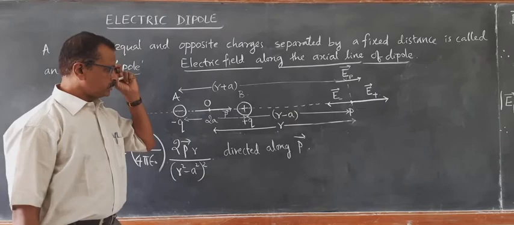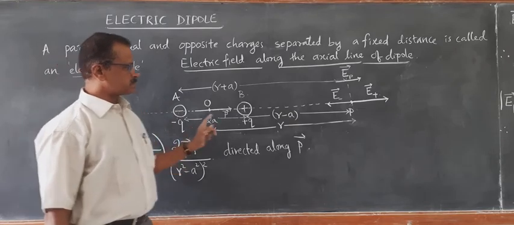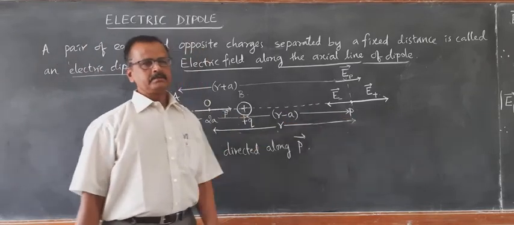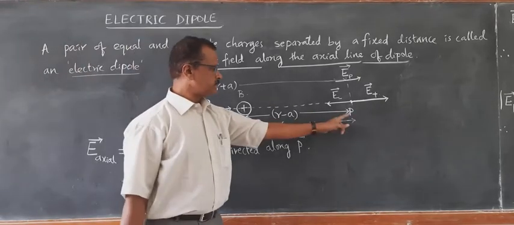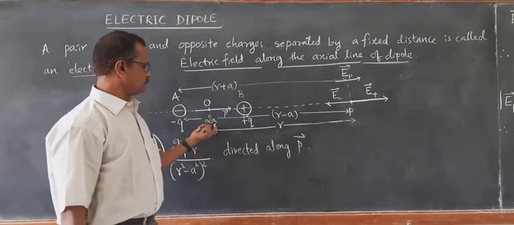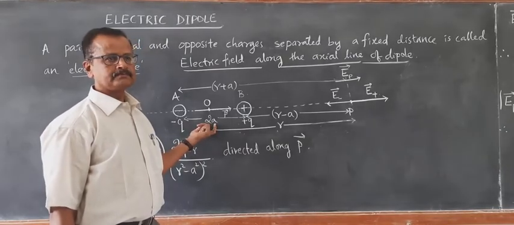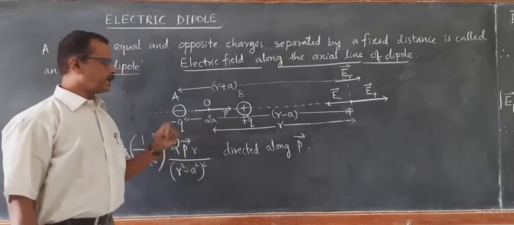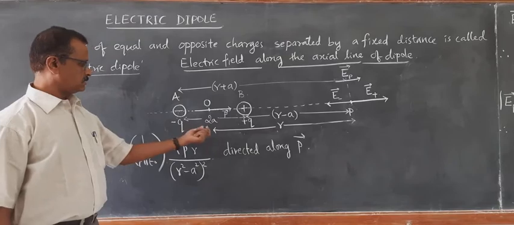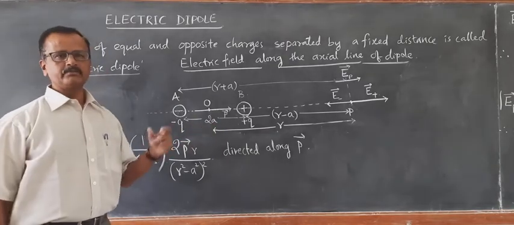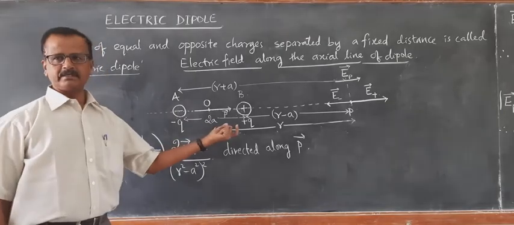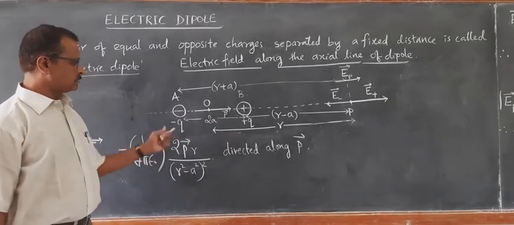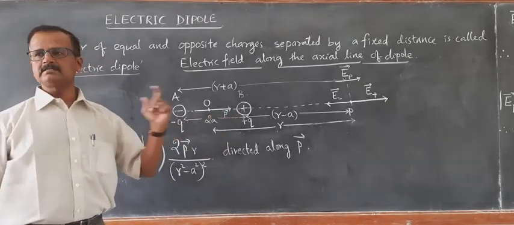Now, if the distance of the point P is very long compared to the dipole length, then we neglect this dipole length, that is, we neglect this half dipole length A. That is, we are terming such a dipole as a short dipole.